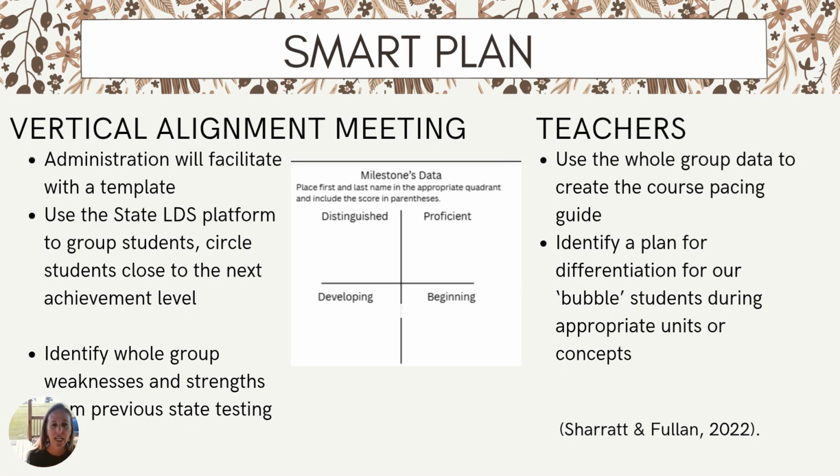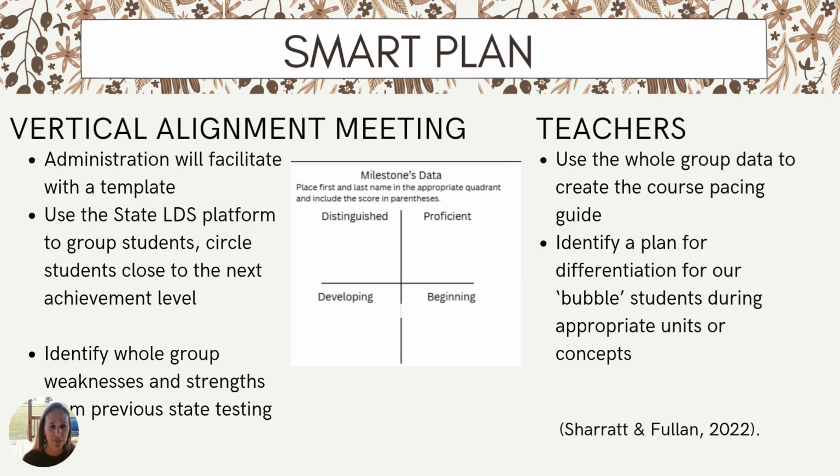Where were they not yet on their EOG assessment data from the previous year? I will take that data and use it to create a plan for differentiation throughout my unit plans and my pacing guide. So that's something that can be ongoing throughout the year for teachers to do.